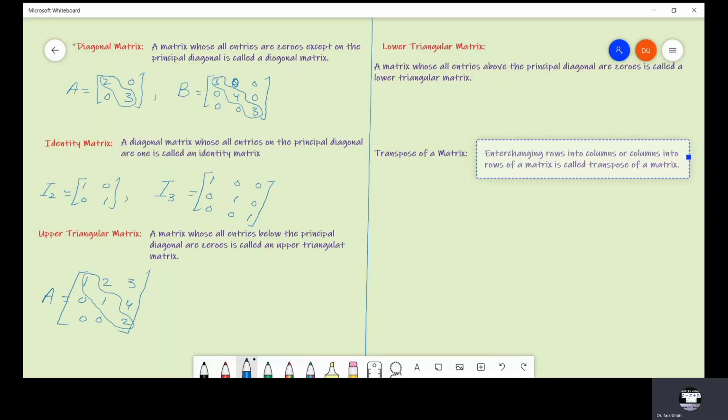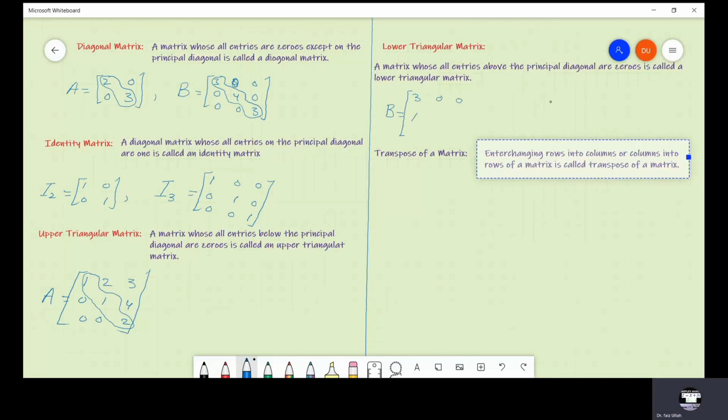Lower triangular matrix. A matrix whose all entries above the principal diagonal are zeros is called a lower triangular matrix. So let us see an example B. We have a matrix B, and in this matrix we have 3 0 0.